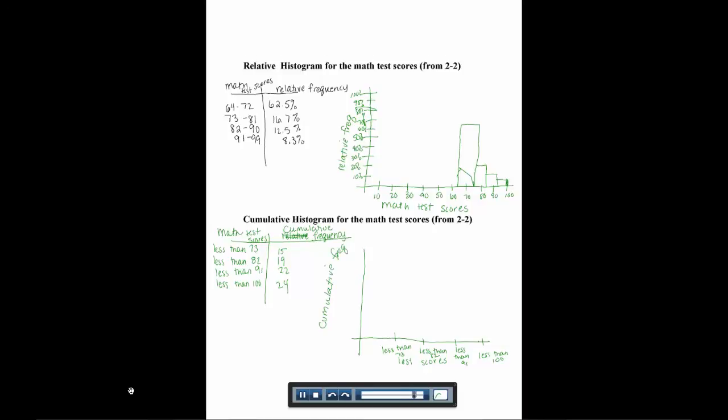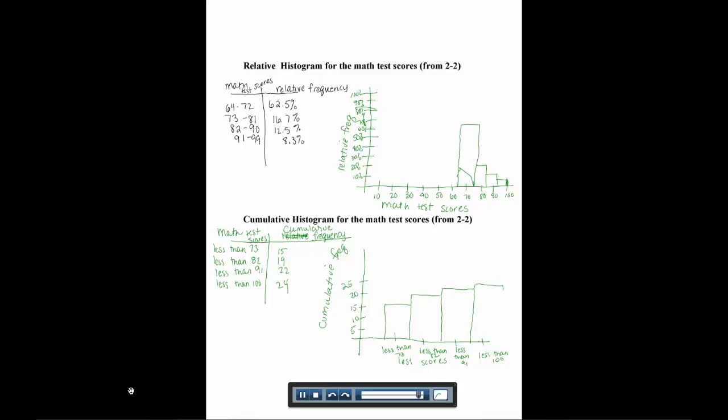So let's go by fives here. So our less than 73, we'll just make a box around this tick mark. It was up at 15. And then still touching, the less than 82 was at 19. The less than 91 was at 22. And the less than 100 was at 24.